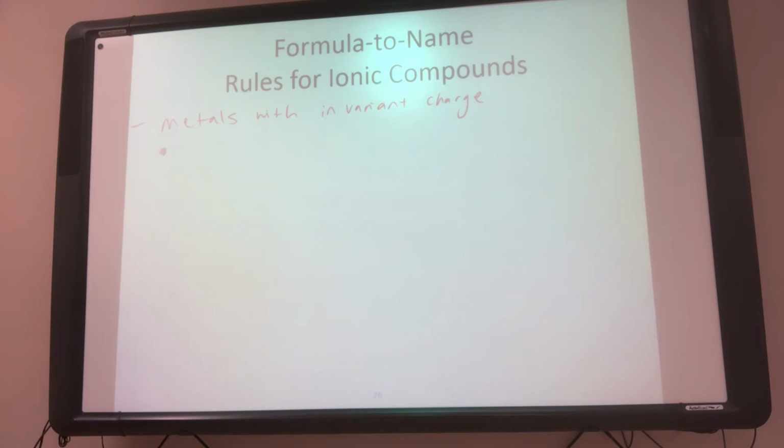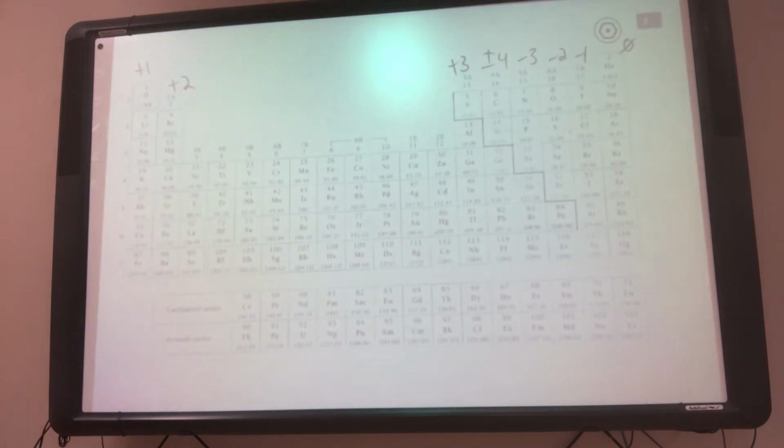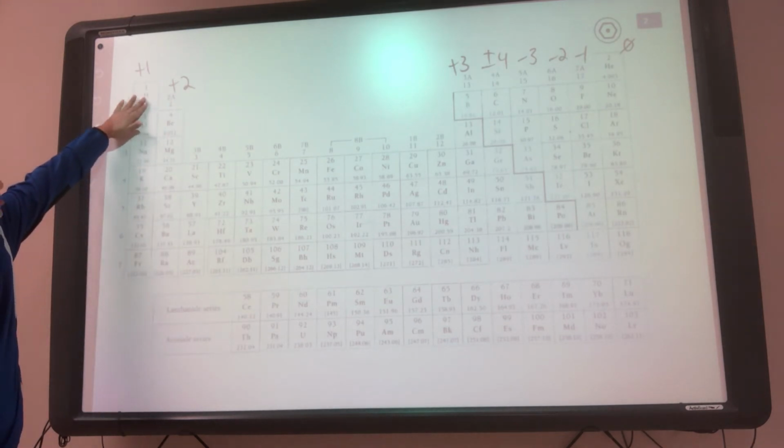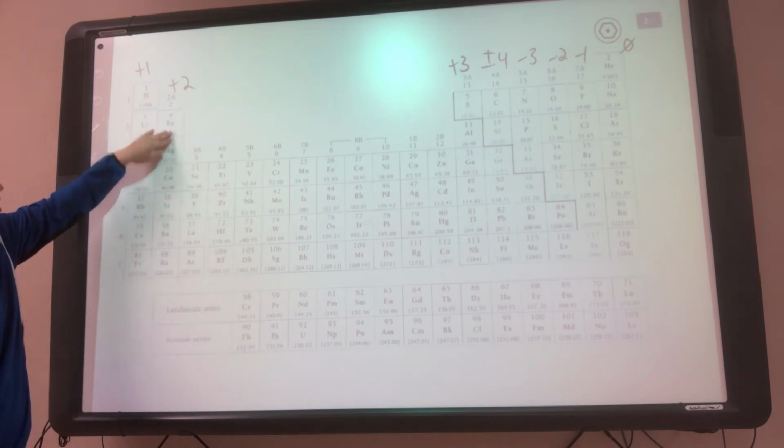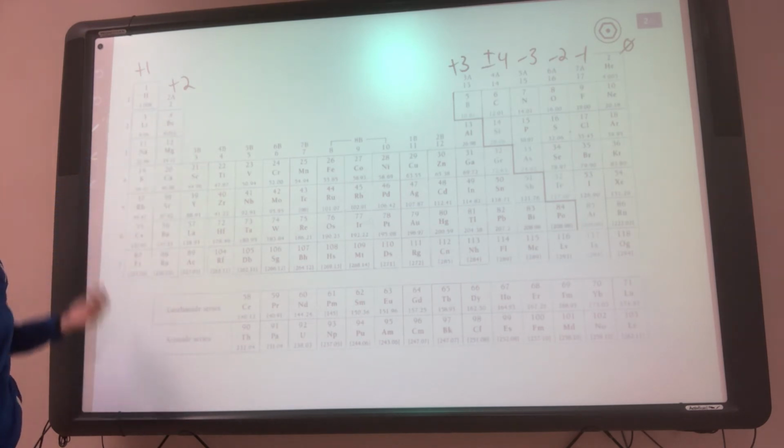So these are metals whose ions can have only one possible charge. And this is going to be your group 1A and 2A. So these metals here, not hydrogen, he's not a metal, all these metals are always going to be a +1. All these metals are always going to be a +2.